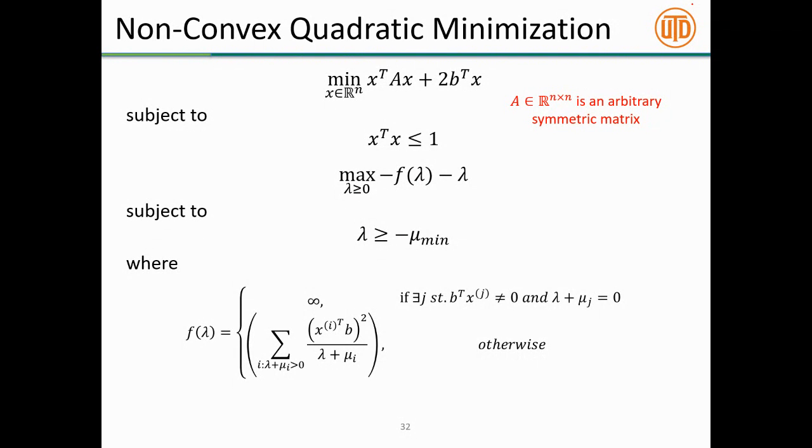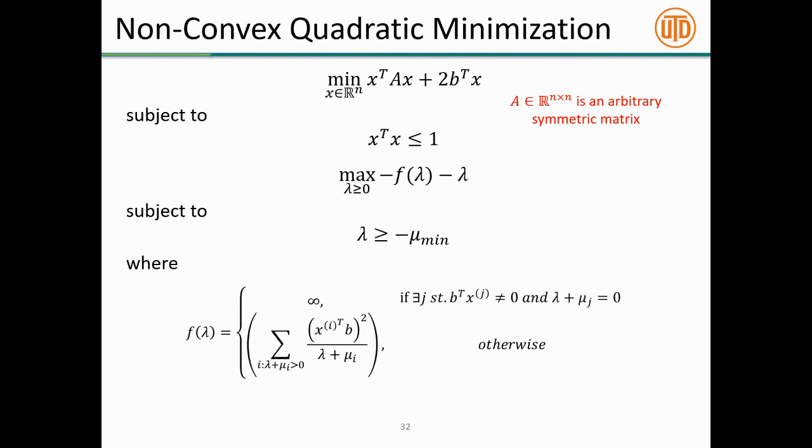Substituting back in, I can actually turn the whole objective function into a convex function if I do the following thing. I'm going to define a new function, f of lambda, where f of lambda is equal to infinity if there's some eigenvector xj such that b transpose xj is not equal to 0 and lambda plus mu j is equal to 0.